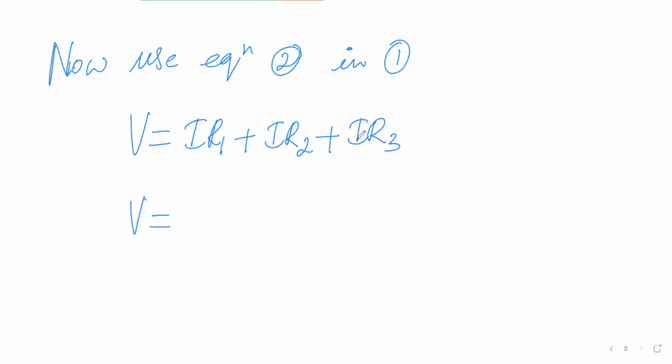Here I is taken as common, so V equals I into R1 plus R2 plus R3.